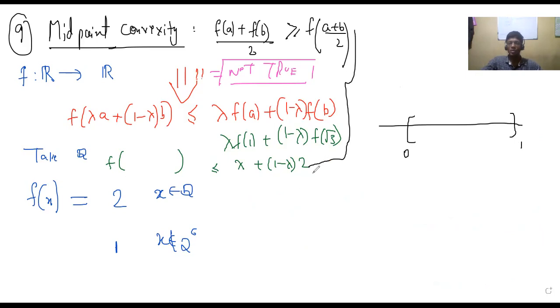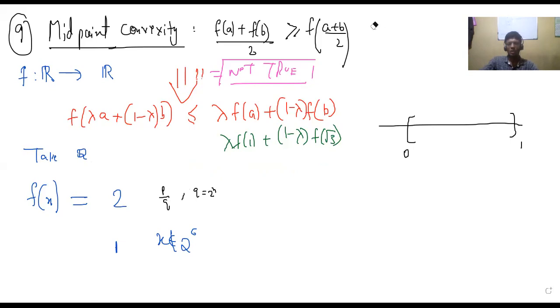So you take those numbers which are of the form p by q, where q is a power of 2. If you take these kind of numbers, they are closed under average. Maybe this is what somebody was saying in the beginning. Then we can take the rest of the numbers.